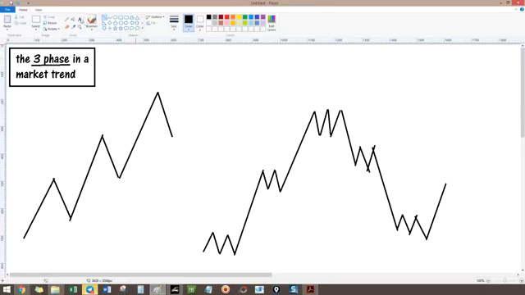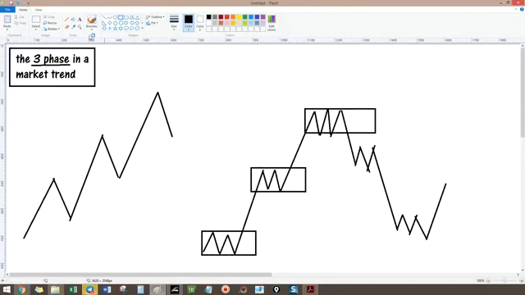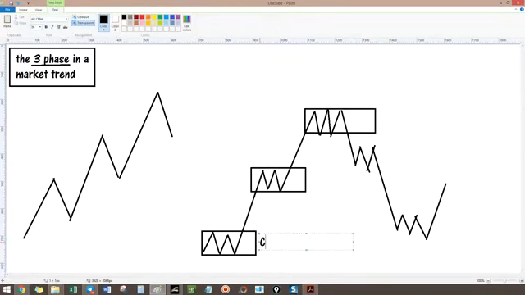All right, so let me highlight this first. So you got three phases, 1 to 3. So over here you will have consolidation. Over here you will have participation.